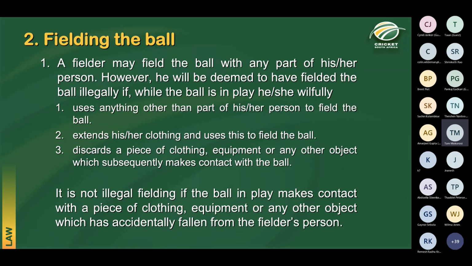That is a willful act versus an accidental act when a fielder is running and chasing the ball and the wind blows the cap off. That shall not be considered illegal fielding if the ball is thrown to that cap that flew off the fielder's head.